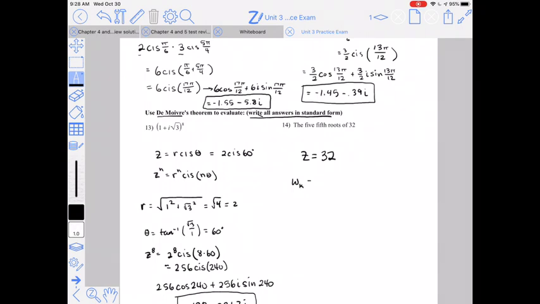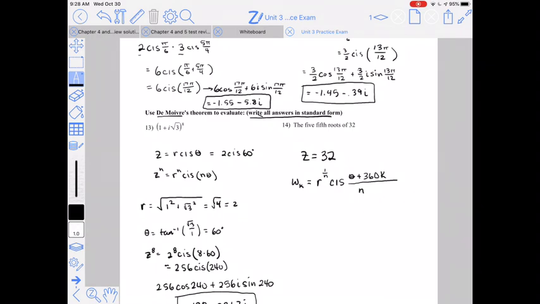w for the root is equal to r to the 1 over n CIS. Then we need the angle plus multiples of 360.